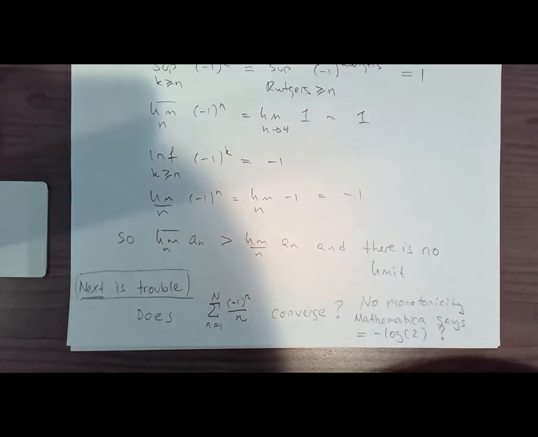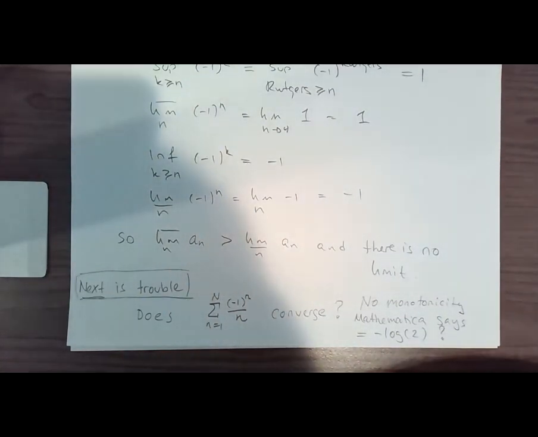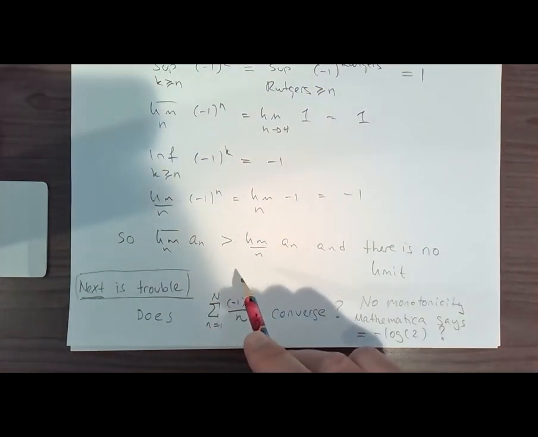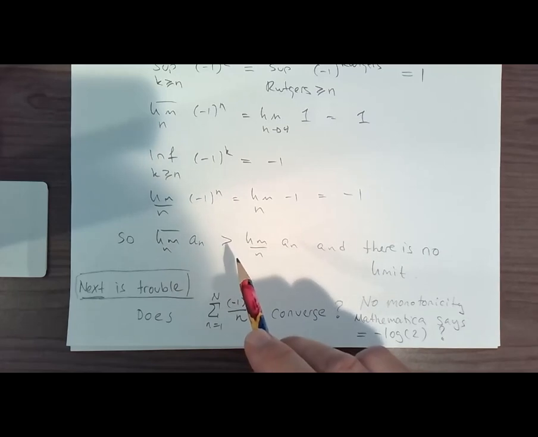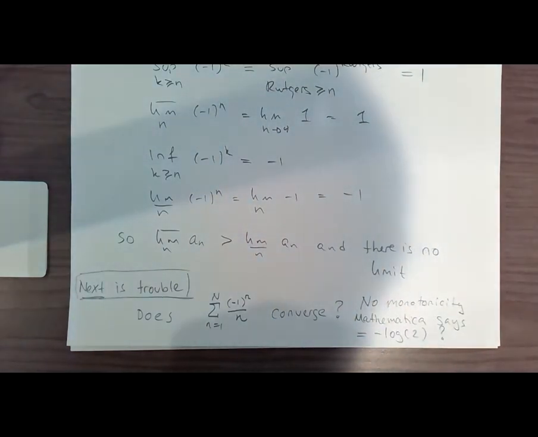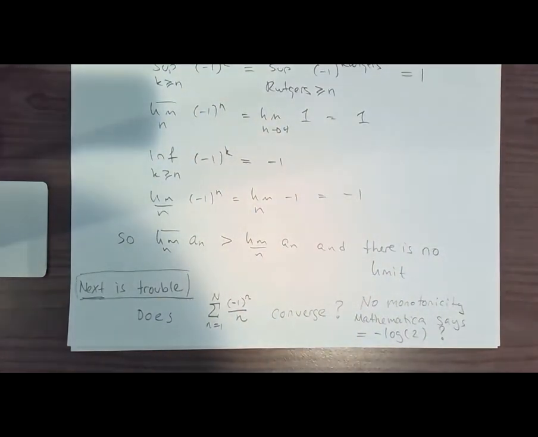And what do you think you get when you add up all the negative numbers? You're going to get plus infinity for all the positive numbers, and minus infinity for all the negative numbers. So inside here, there's a plus infinity, minus infinity. And we have somehow, in this particular example, decided that that difference is going to be minus log 2. And you see, this is problematic, right? This is why trouble is around the corner.